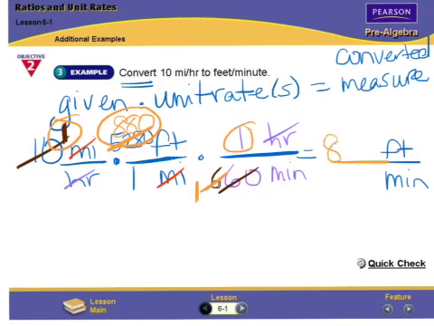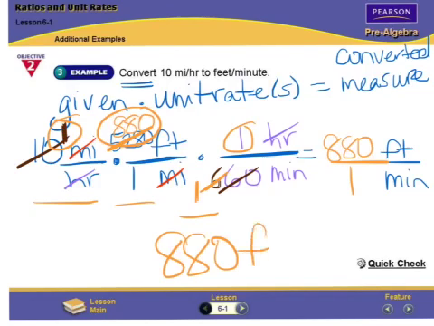So 1 times 880 will still give me 880, and I have 1 1 on the bottom. And so this gives me 880 feet per 1 minute. So I can go, if I'm driving at a rate of 10 miles per hour, I'm actually covering 880 feet per minute. And we've just converted.